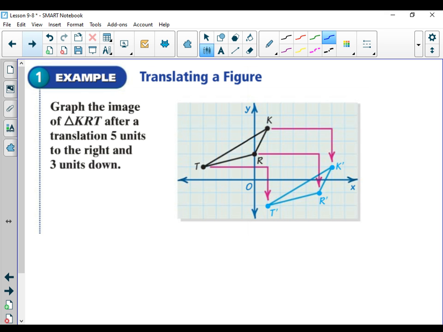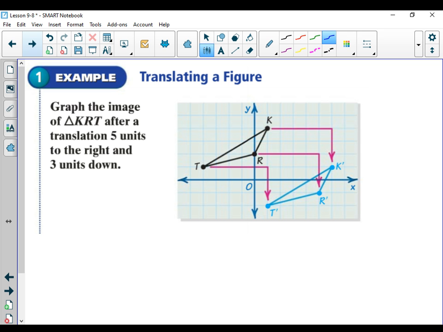Okay, so a couple things in this picture. First of all, we know right away which one is the original KRT and which one is the image, because regular K has no prime mark and K prime does have the prime mark. And then Preston says, how do we know where to move it? So this one went 5 units right and 3 units down.